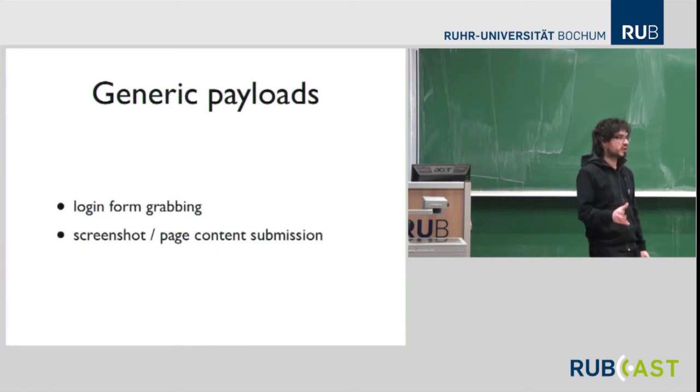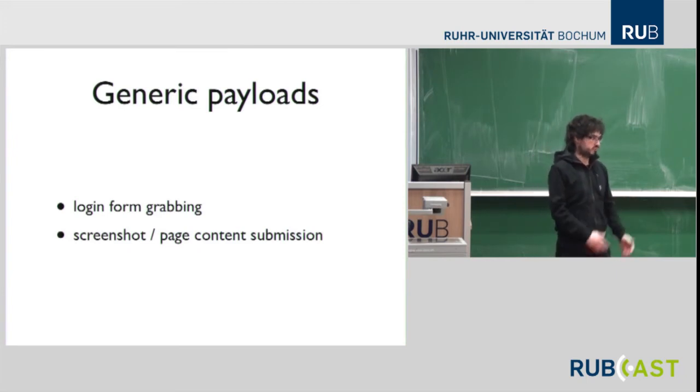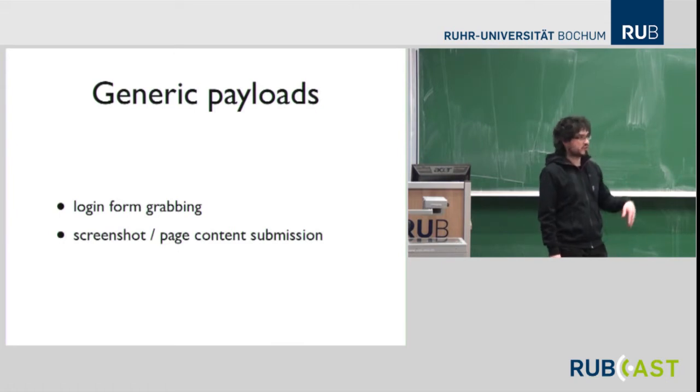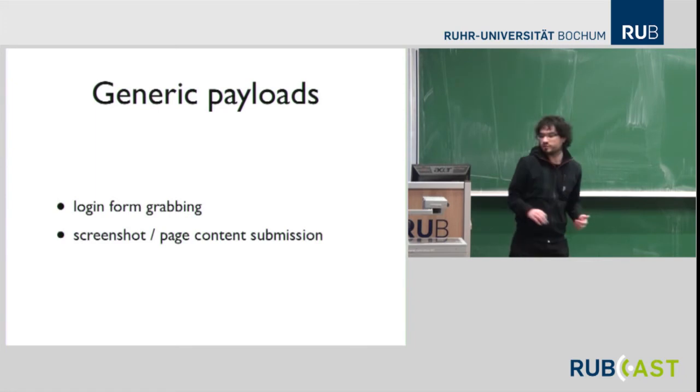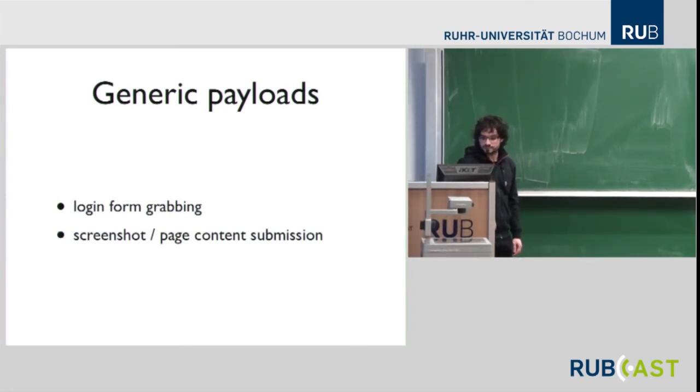So it would be cool to have more generic stuff, and tools like BeEF, they do a lot of generic stuff. So there's a lot more, and I've discussed with Michaela integrating with BeEF as well before, and we will probably do something in that area.